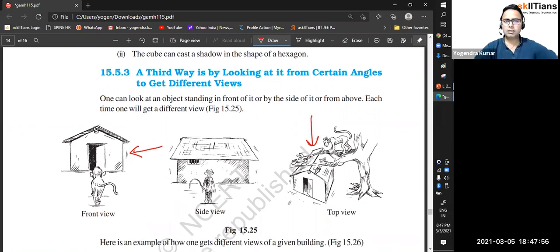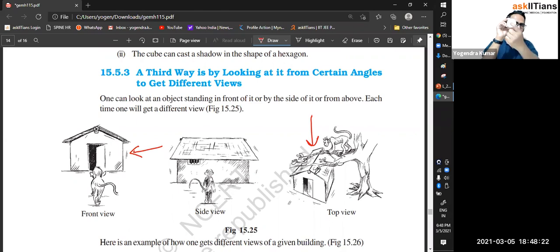Suppose this object, I think I tried explaining this last class as well. This is the object I have. If you look at it from the front, what shape or shadow will I get on the paper? It just shows me a rectangular thing, right? But if I look at it this way, what is the shape? It looks circular, right?